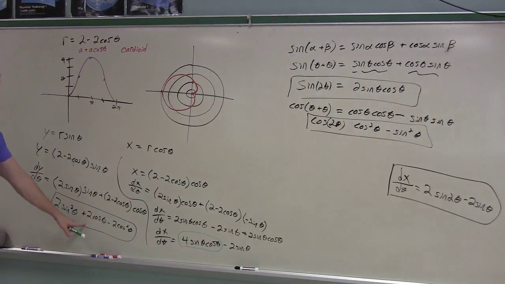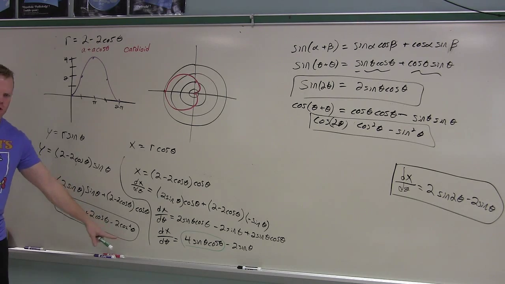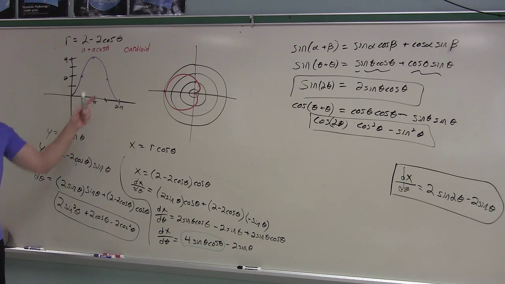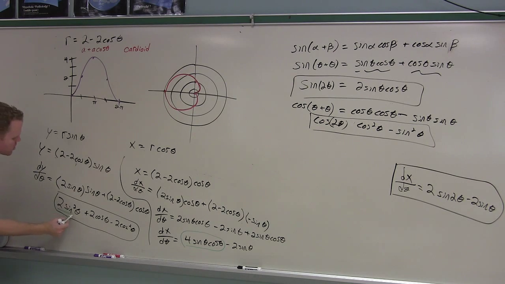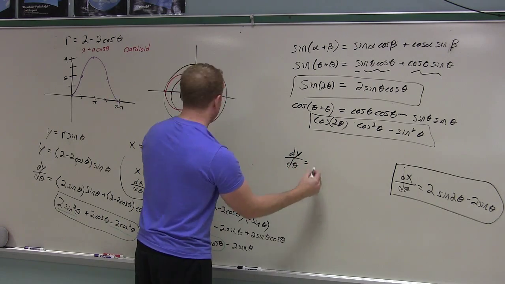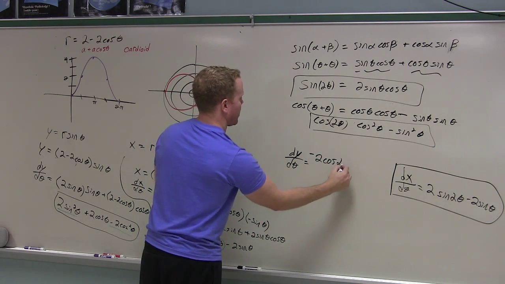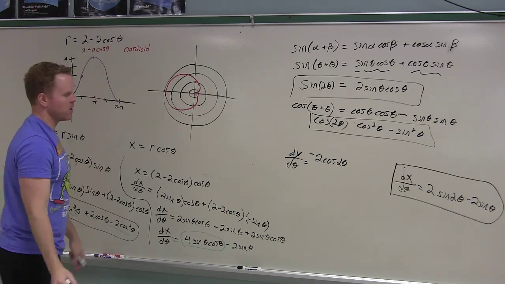And we basically have that here, except we have the sine squareds minus the cosine squareds instead of the cosine squareds minus the sine squareds. All I'm doing is subtracting in the opposite order. So this minus this should be negative cosine 2 theta. Well, really negative 2 cosine 2 theta. So dy/d theta in its nicest form is probably negative 2 cosine 2 theta plus 2 cosine theta.